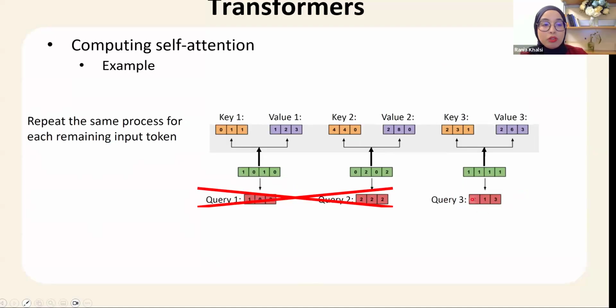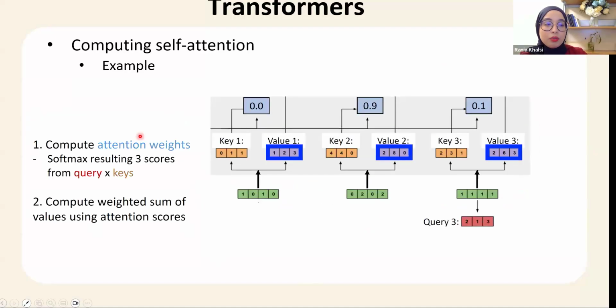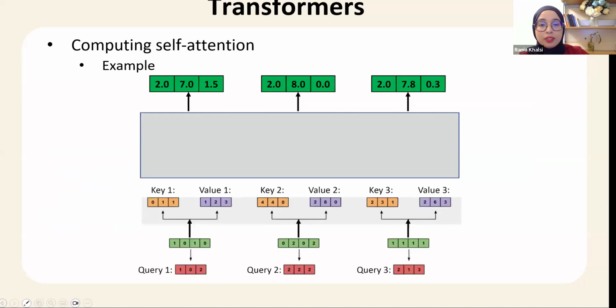Now next we move to the third query. We don't consider the first and second queries, and we do the same. So compute attention weights from the query dot product keys, compute the weighted sum of the values using attention scores. So we keep doing this for all the tokens that we have, until at the end we are going to have our final weights, okay?